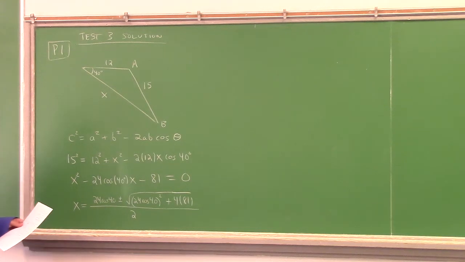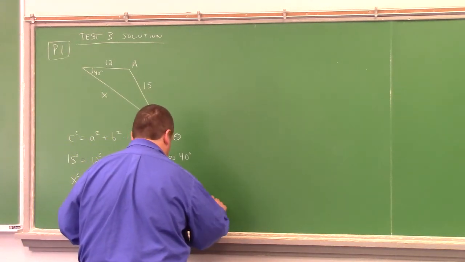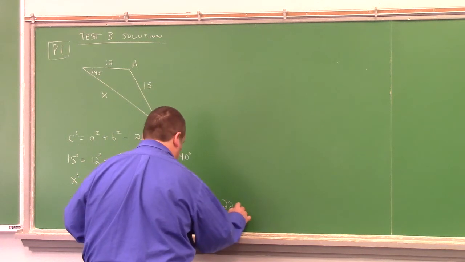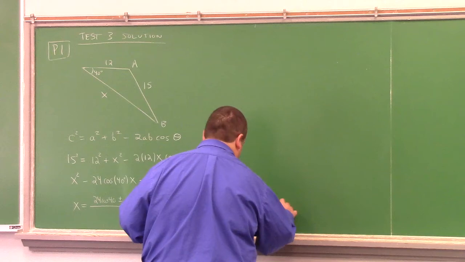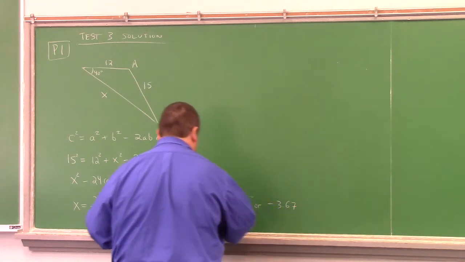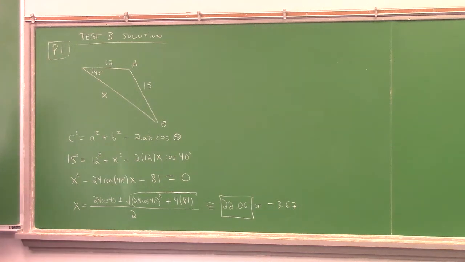And when you work that out, that will give you either 22.06 or minus 3.67. Obviously, 22.06 is the solution you're looking for, because the other one can't be a length, right? So that's how we can do problem 1.